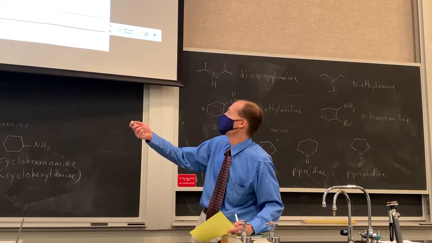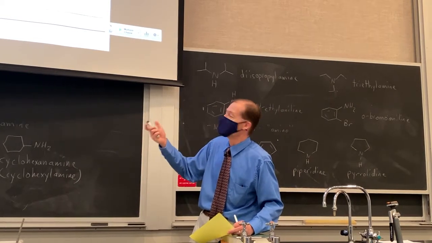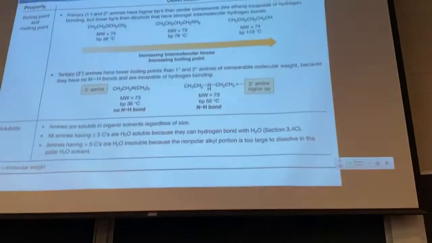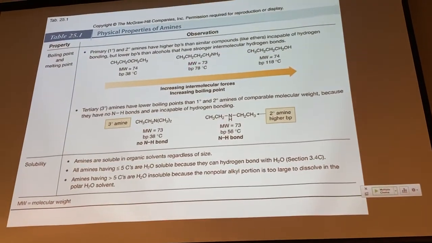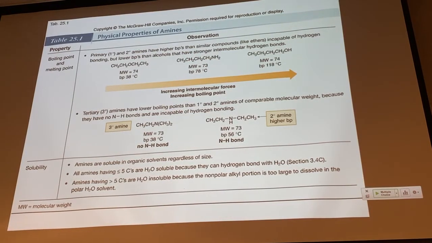And we can see the impact of that when we look at this boiling point comparison here at the top of the slide, where we have an alcohol and an amine, same shape, same size, only a 1 unit difference in molecular weight because of the difference between nitrogen and oxygen. And we see a significant difference here in boiling point, right?